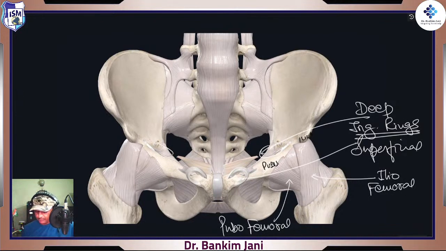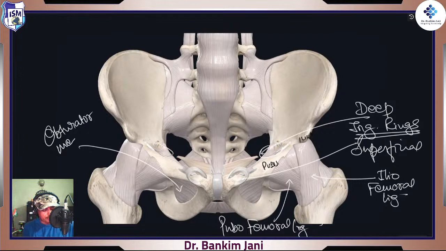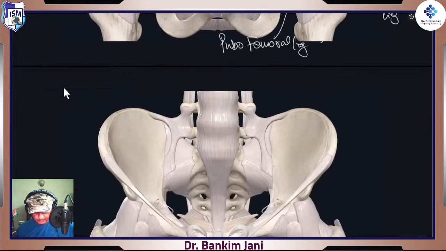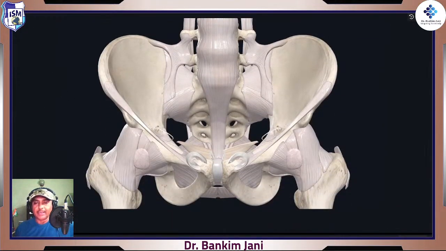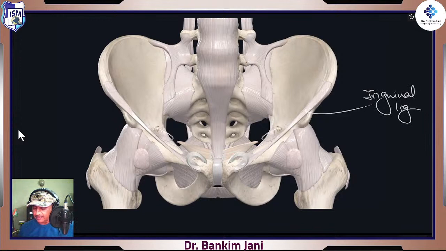So this is iliofemoral ligament, right? And that one, no doubt about it, this is the obturator membrane, which covers the obturator foramen. And the easiest one, this is where we have added now the inguinal ligament.